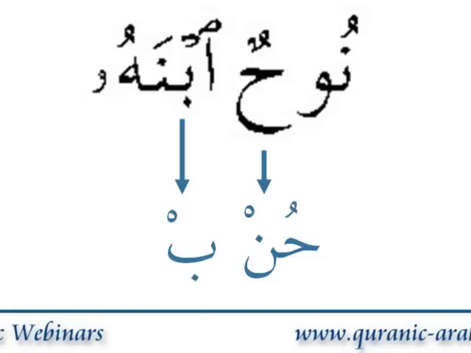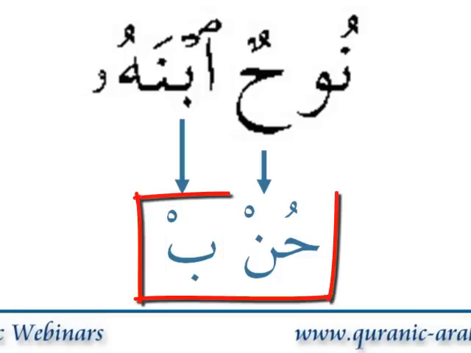So essentially, we start with the ba, which is also sakin. Again, we show this with the round circle in the computer font. So we end up with the hun from the first word, which ends in sakin, and the ba in the second word, which effectively means that word is starting with a sakin.